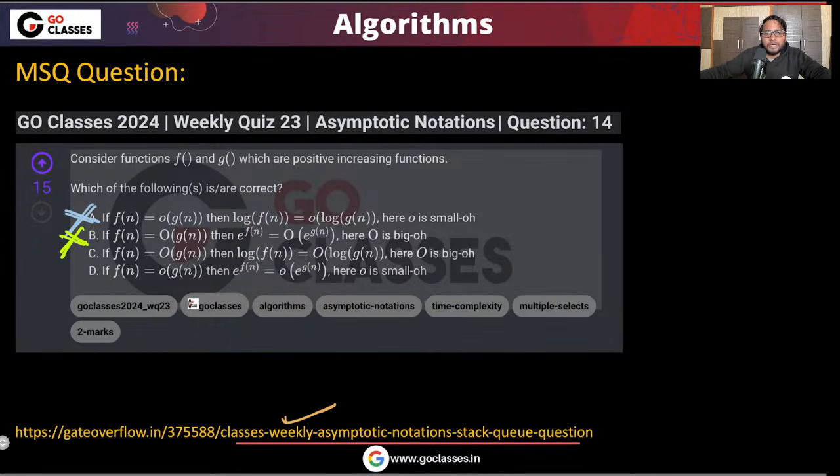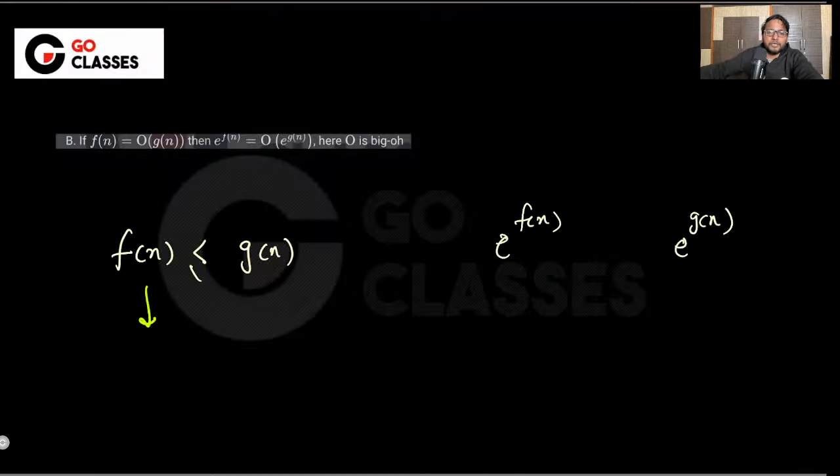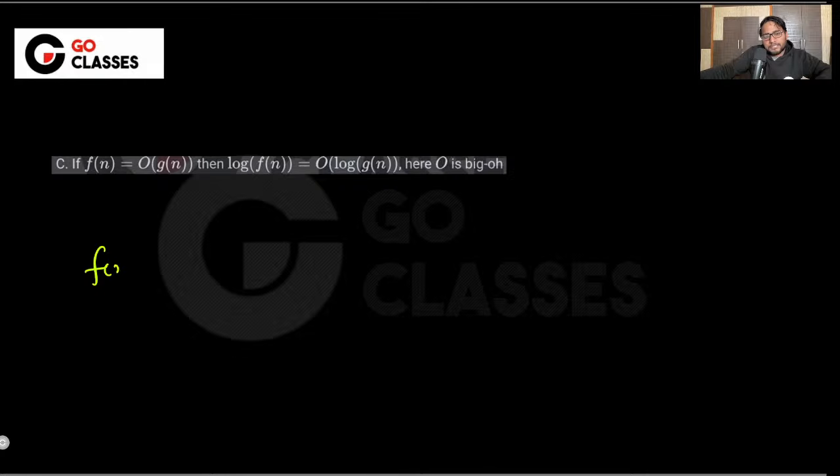What about this? After log, see, this option C is a similar option we have seen, right? Here option C is basically saying that f(n) is less than or equal to g(n). Then after taking the log, what do you think?